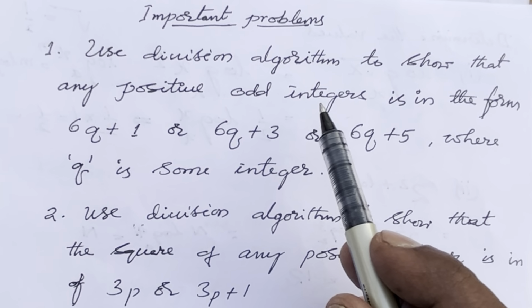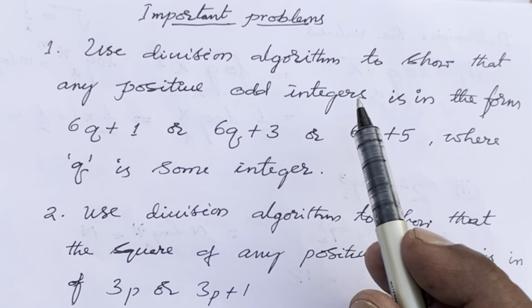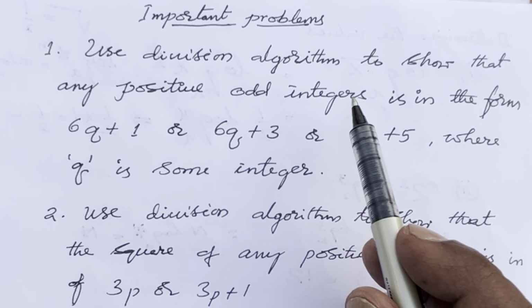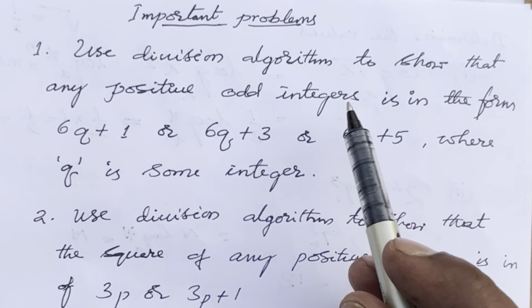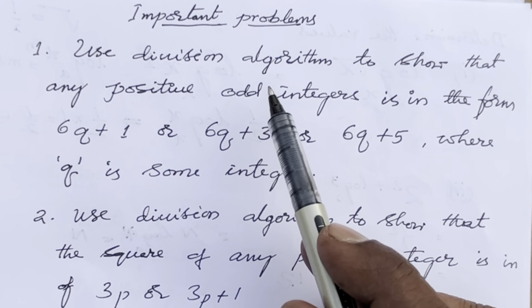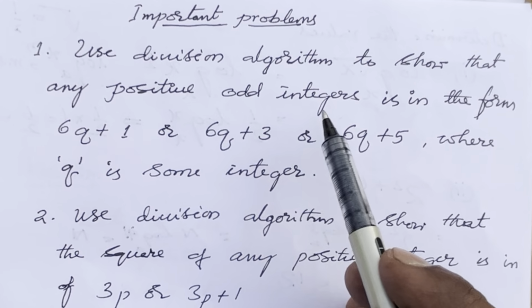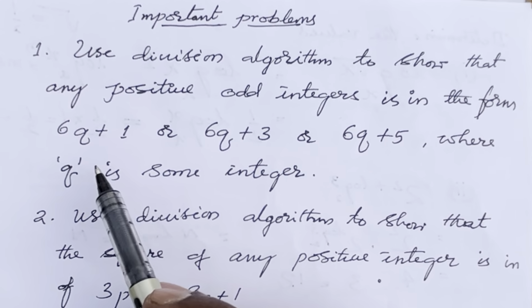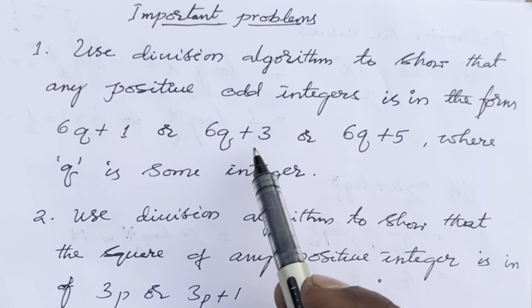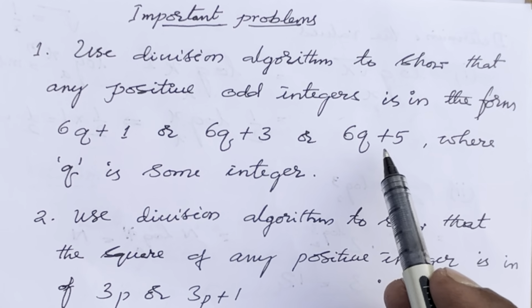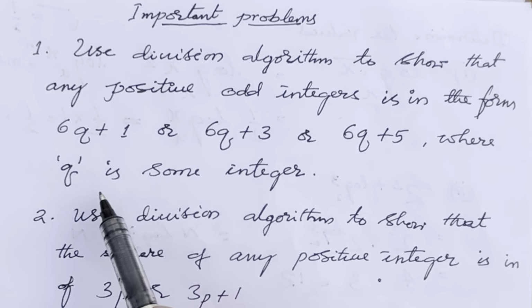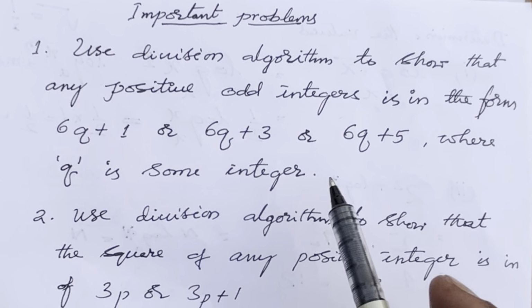Here I am showing some important problems in the real numbers. Exercise 1.1: use division algorithm to show that any positive odd integer is in the form of 6q plus 1 or 6q plus 3 or 6q plus 5, where q is some integer.